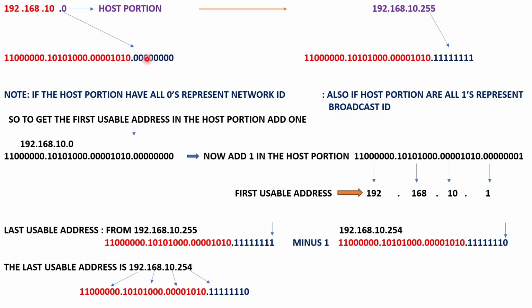So the host portion ya hii network yetu ni 8 bits, since it's a /24 network. So the first 24 bits represent the network portion, while the 8 bits ambazo zimebakia zina represent the host portion.